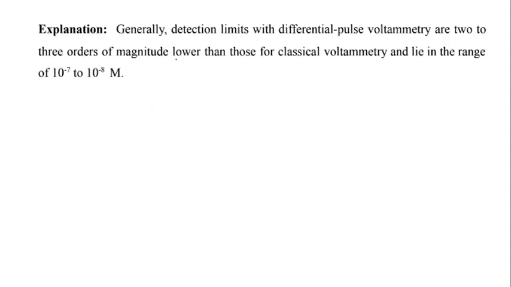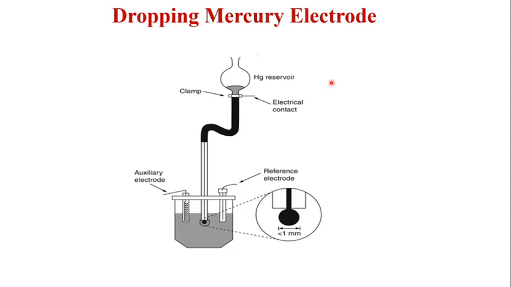So this is the explanation of this question. Generally, detection limits with differential pulse voltammetry are 2 to 3 orders of magnitude lower than classical voltammetry, and lie in the range of 10 power -7 to 10 power -8. It should be kept in your mind. If you work in the analytical field, it will be very helpful to identify this thing.